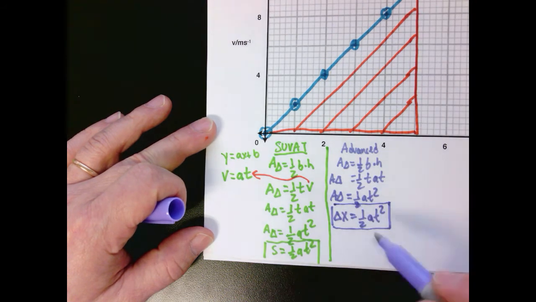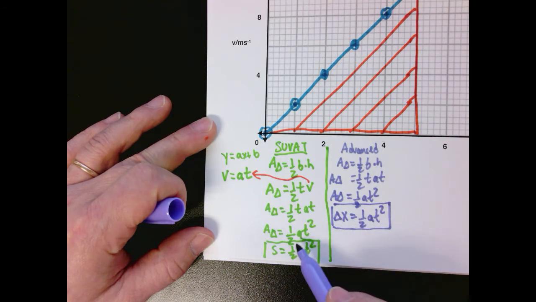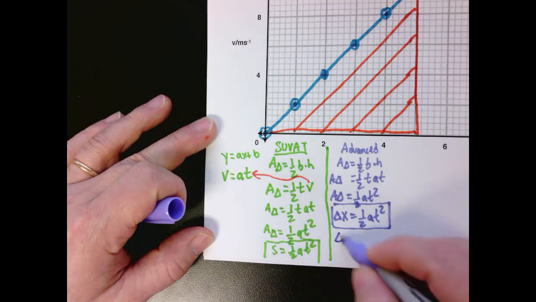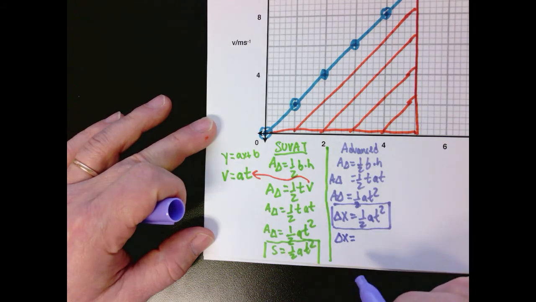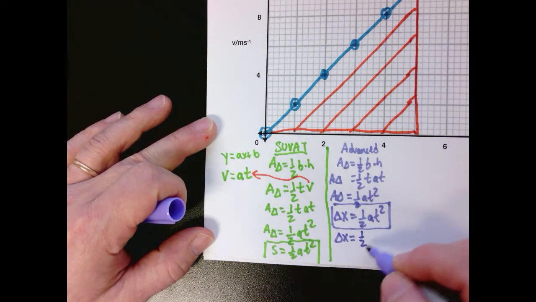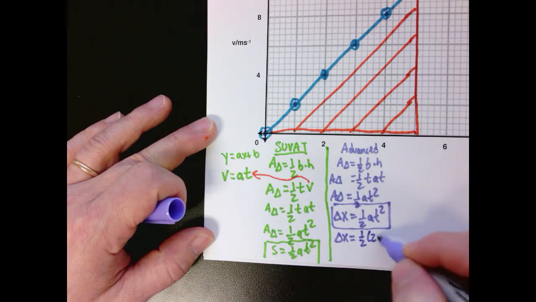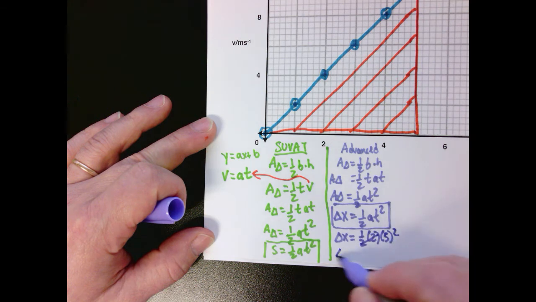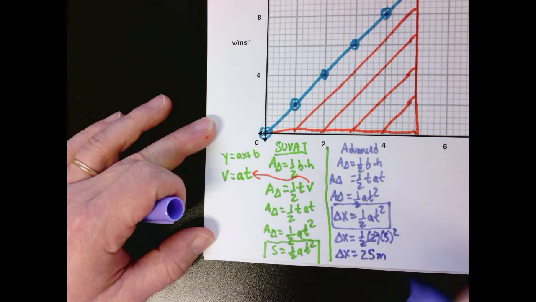So now if you look at the SUVAT equation and the advanced equation, they look exactly the same except for delta x and s. Now to compute the displacement, we have 1/2 the acceleration, which was given as 2, and the time is 5. So we have a displacement of 25 meters.